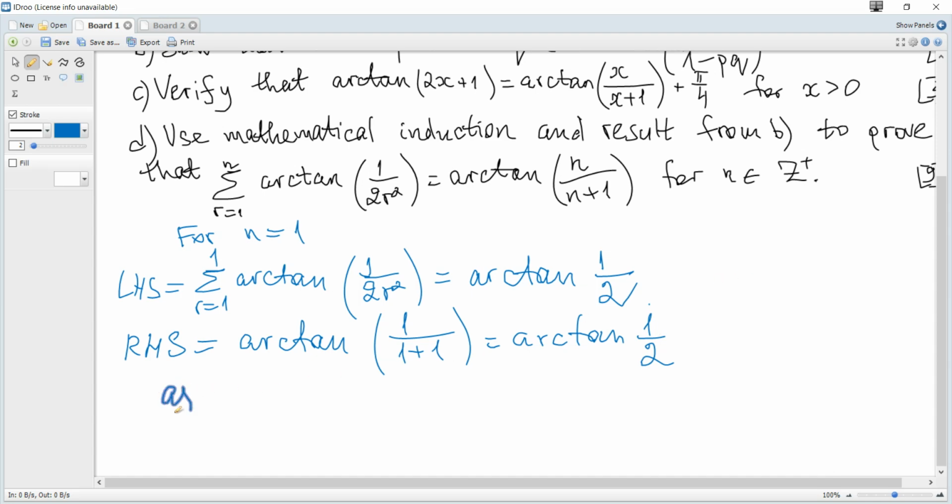So as the left hand side is equal to the right hand side, it's true for n is 1.